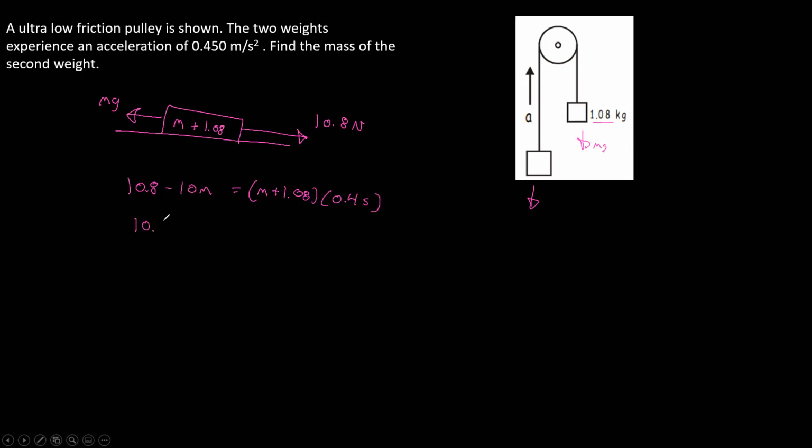I can distribute the 0.45, so do 0.45 times m plus 1.08 times 0.45 gets me 0.486.